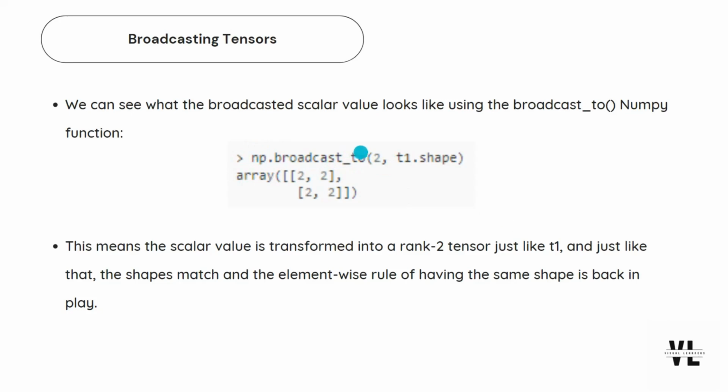Now you see that the scalar 2 is going to have a shape of 2 by 2, and it just duplicates the value to fill in the remaining positions. This means the scalar value is transformed into a rank 2 tensor, just like T1, and just like that the shapes match, and the element-wise rule of having the same shape is back in play.